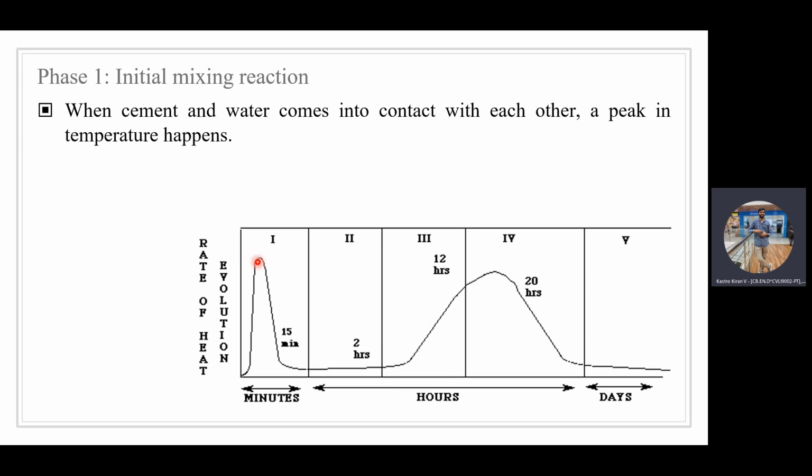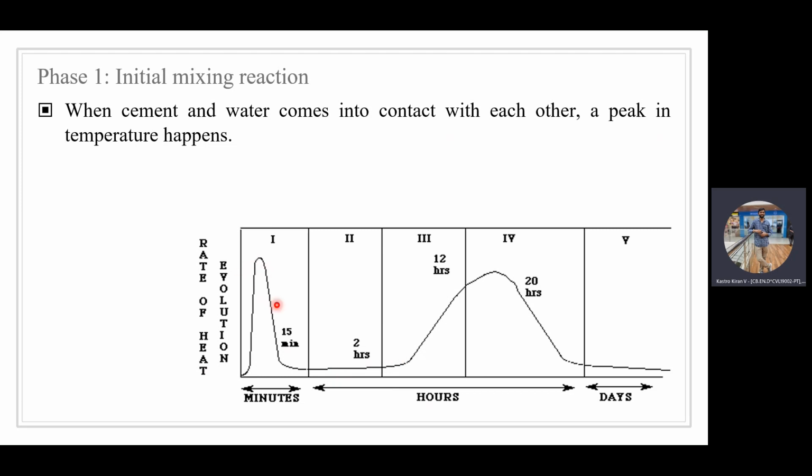Because a huge amount of reaction takes place in the first 15 minutes, and if your hands are sensitive to the concrete or cement paste, you will obviously find certain swelling on the top of your skin. That's basically because of the chemical reactions happening inside the cement, and this will be there within the first 15 minutes only, and after 15 minutes it will get reduced.